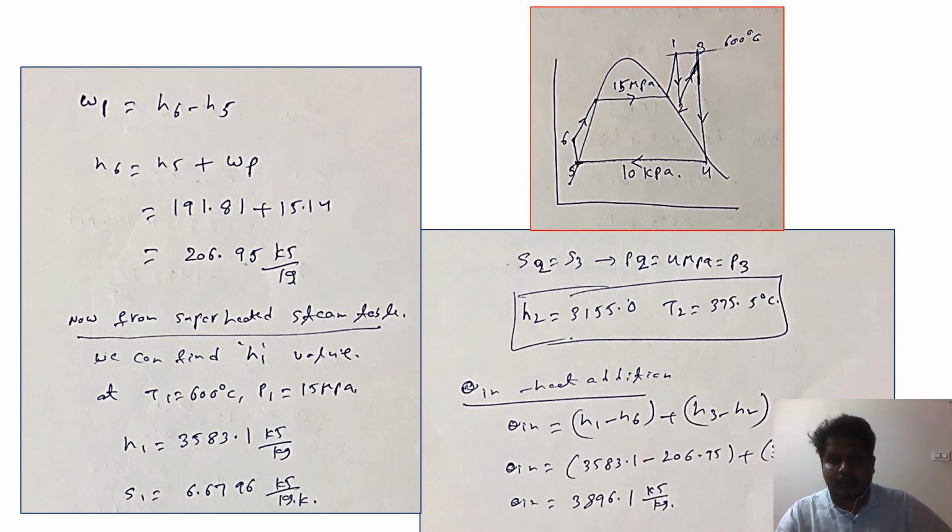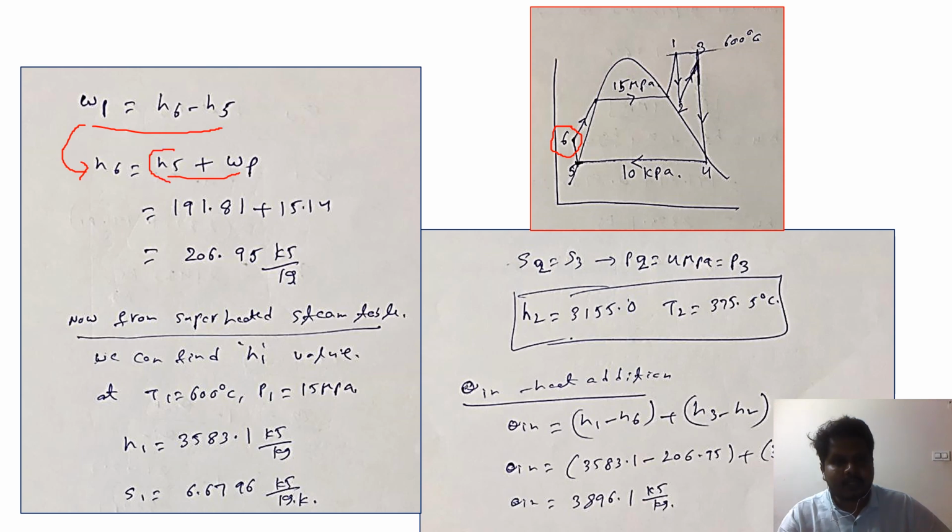Now let us find the enthalpy at point 6. We know that work input to the pump equals H6 minus H5. So from this equation we can find the H6 value, that is H5 plus work input to the pump.